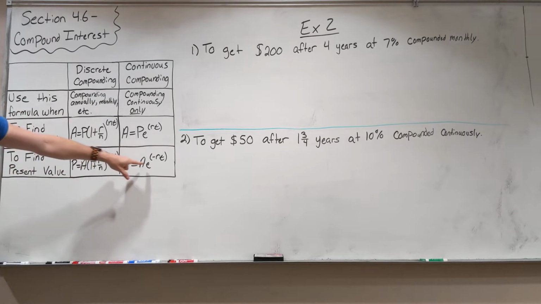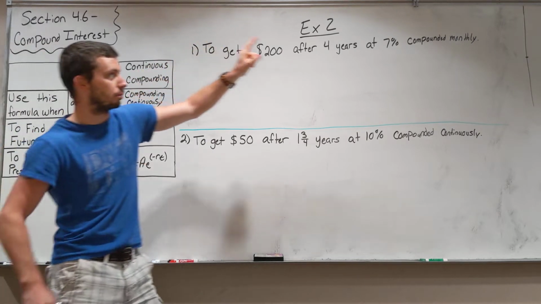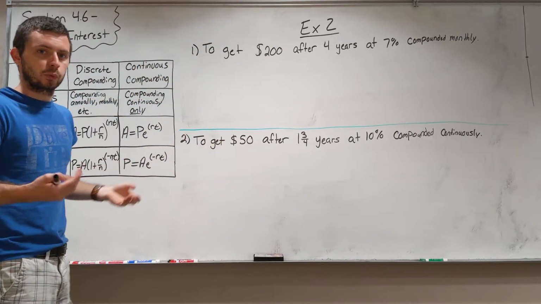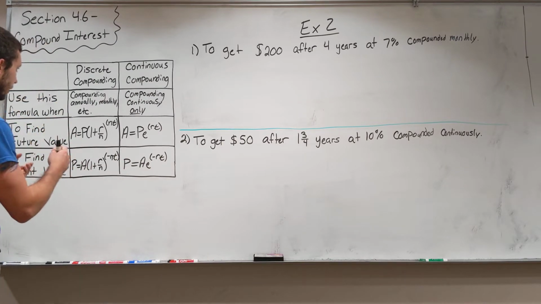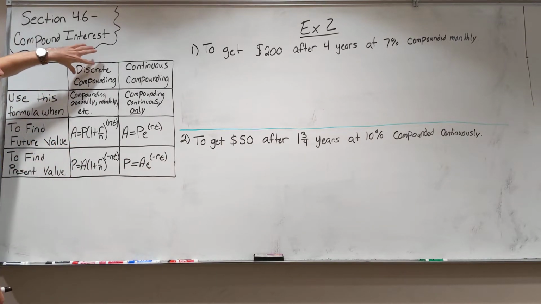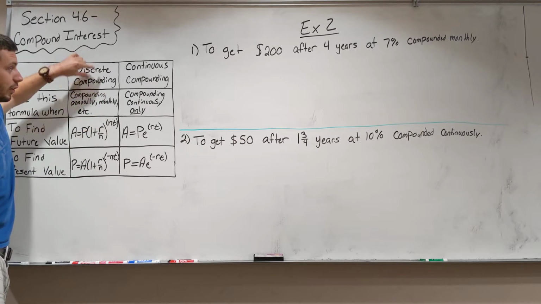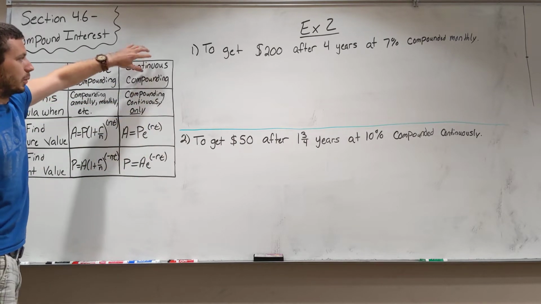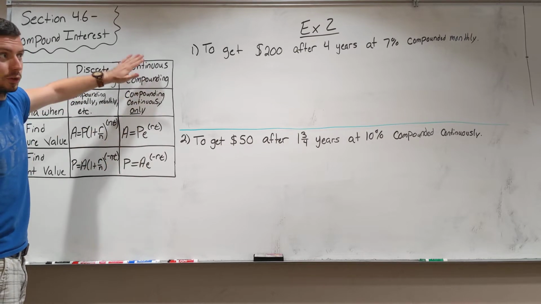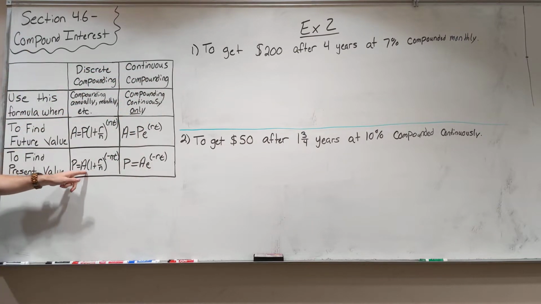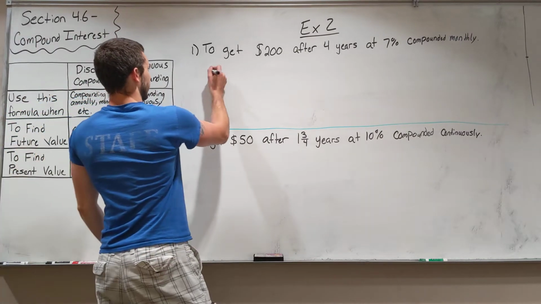So we're on this row, and it tells us compounded monthly, which is a discrete compounding method. Remember, we always use this column whenever it's not saying compounded continuously. We only use this column when it says continuous. So we would use this formula in particular, and I'll go ahead and write it down.